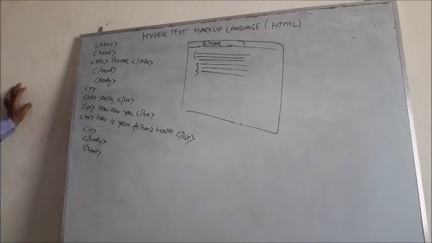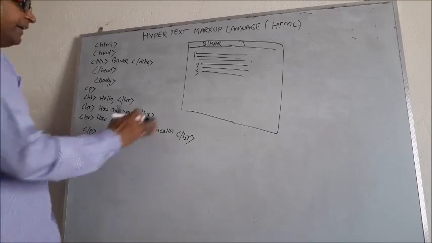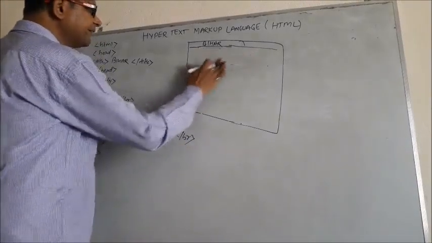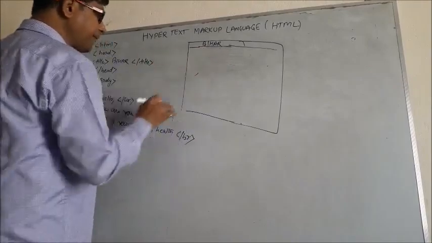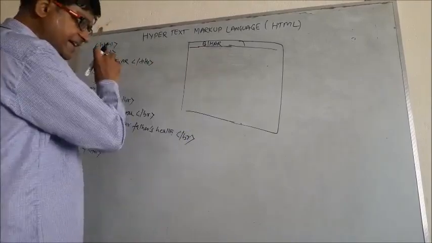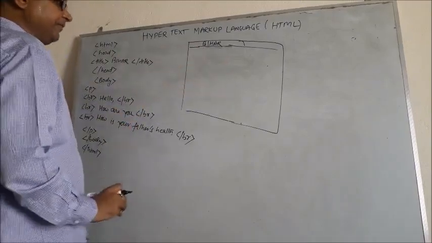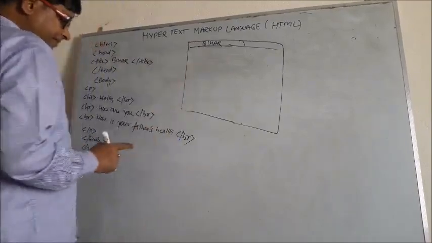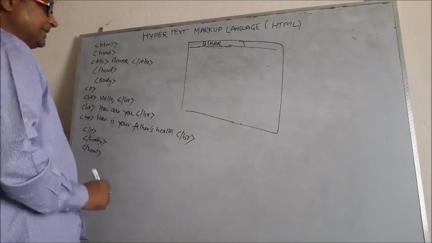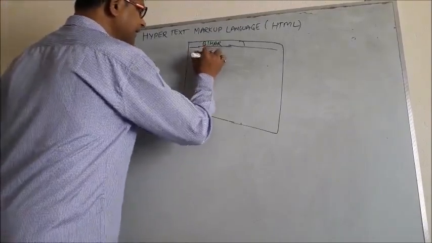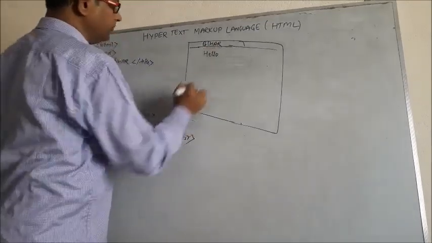This is the content in one paragraph. But what I want is that, instead of writing a continuous paragraph, the paragraph must have 3 lines. In the first line, it should print hello.